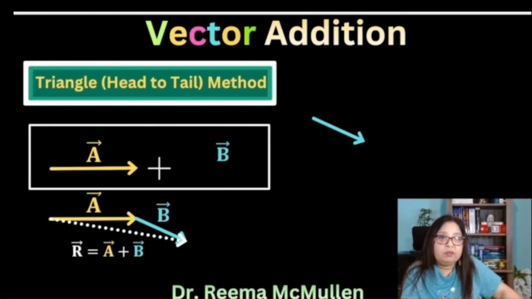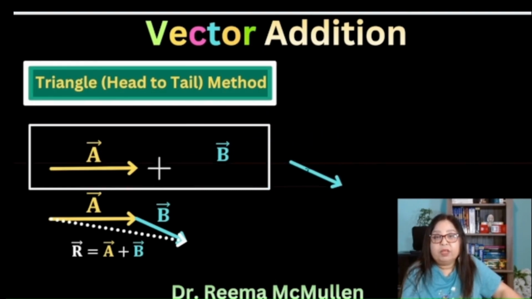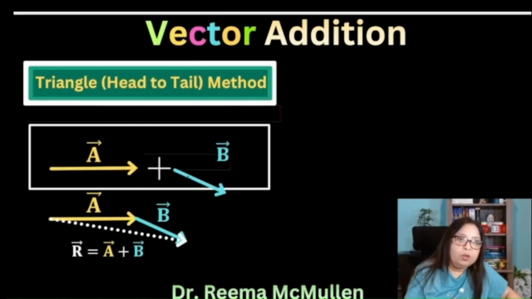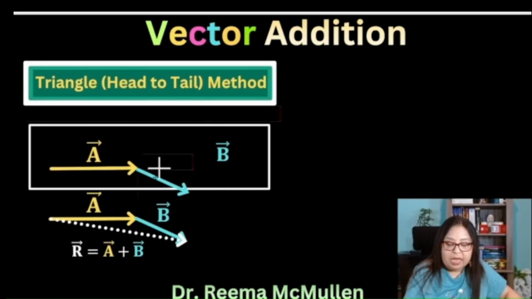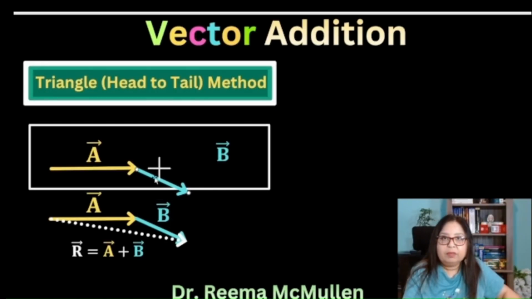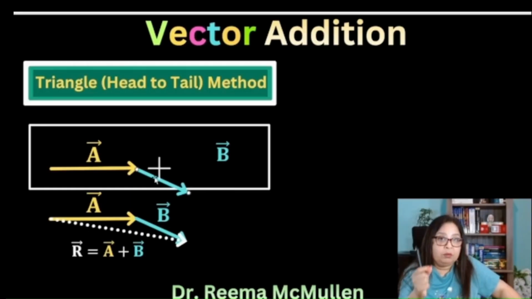Moving parallel to itself means I'm not changing the orientation, or the angle, of this vector. So you move vector B parallel to itself until the tail of vector B coincides with the head, or the tip, of vector A, like this. That's all I did.